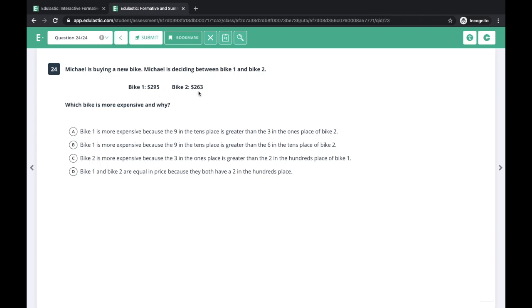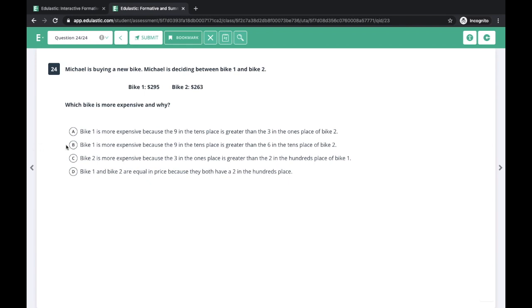So let's see if we can find an answer choice that matches what we just said. A: Bike 1 is more expensive because the 9 in the tens place is greater than the 3 in the ones place of bike 2. Well, we didn't compare the 9 in the tens place to the 3 in the ones place, so that can't be our answer.